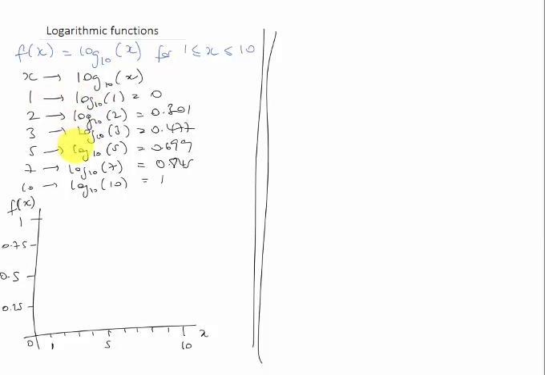Okay, so our first point is here, right down on the x-axis. 2, 0.31, something like that. 3, 0.47, something like that, let's say. 0.45, should we say that? And final point, something like that. So our line is making a curve like that.